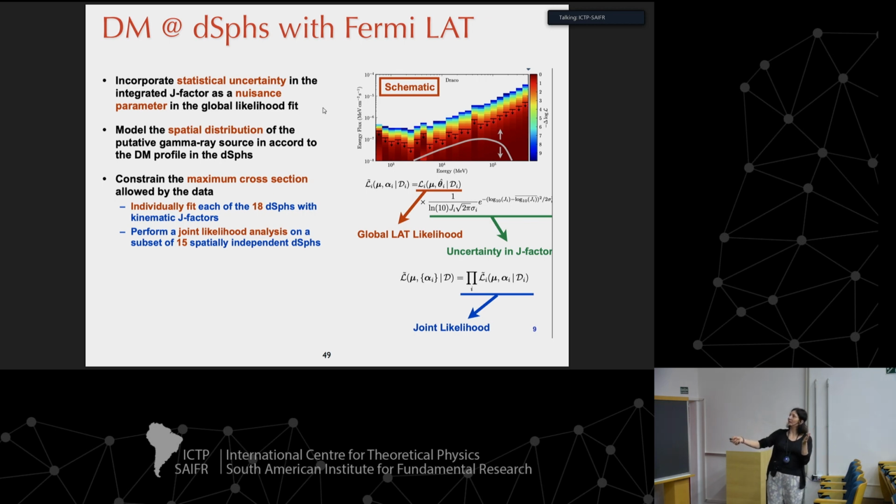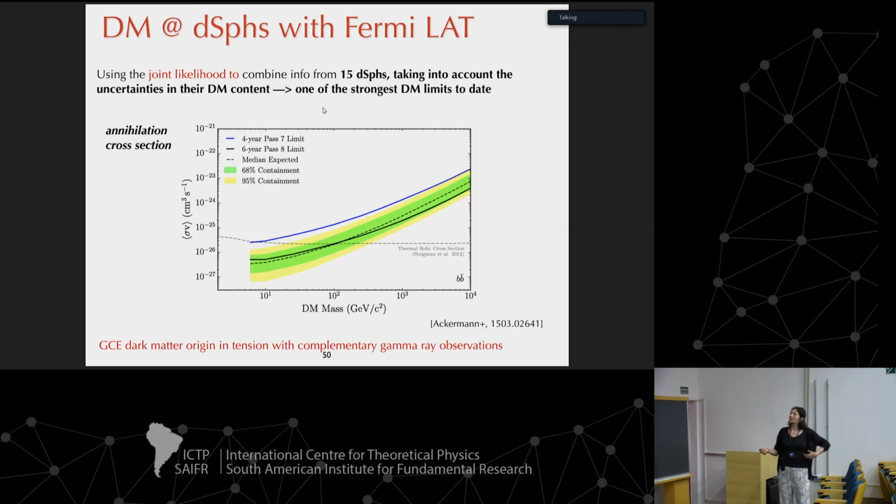This makes the analysis better than in each single individual dwarf. These were the limits, the red and the black. And you see that below about 100 GeV or so, you exclude thermal dark matter. So this was a huge result.